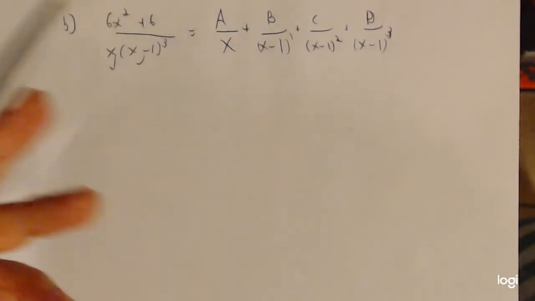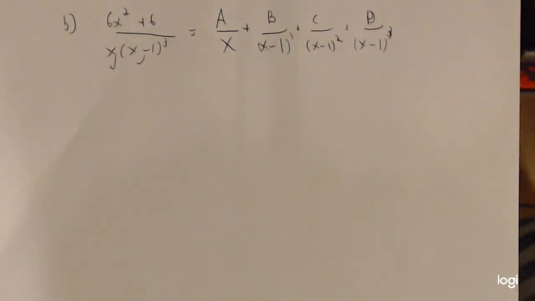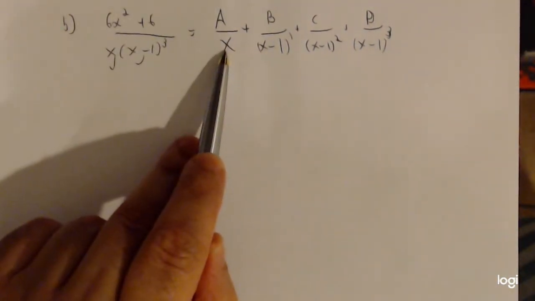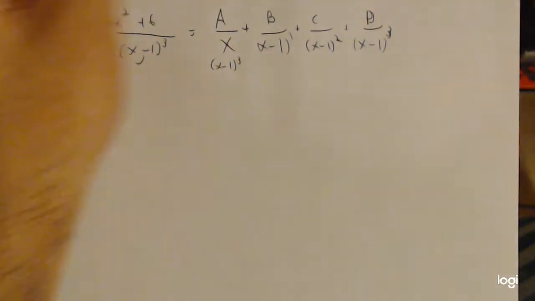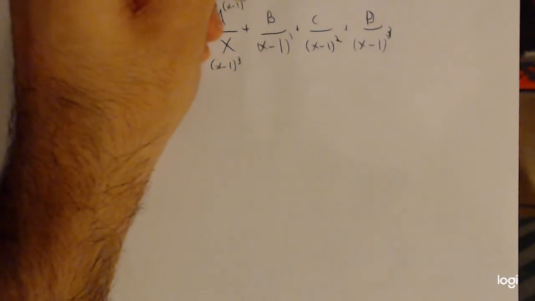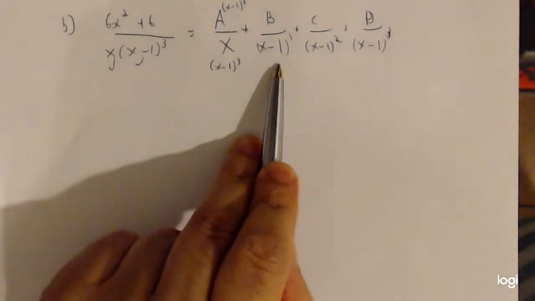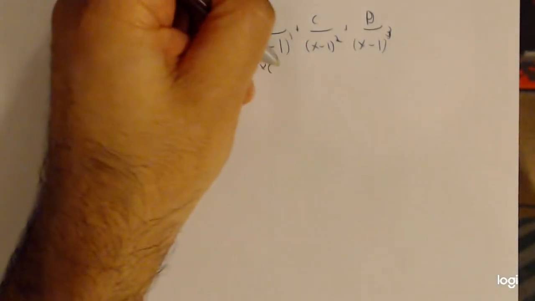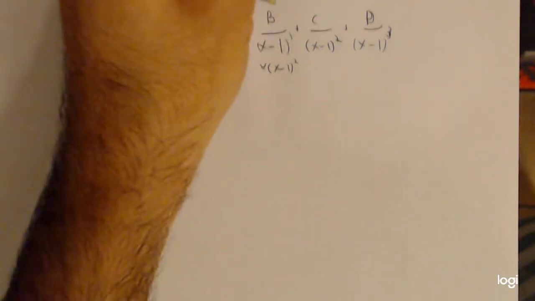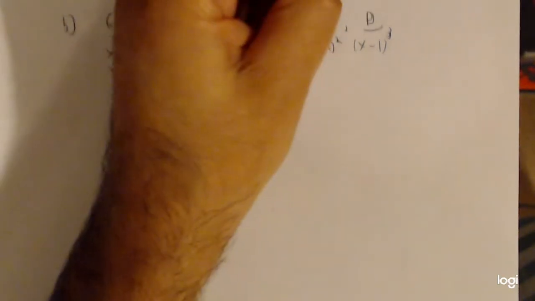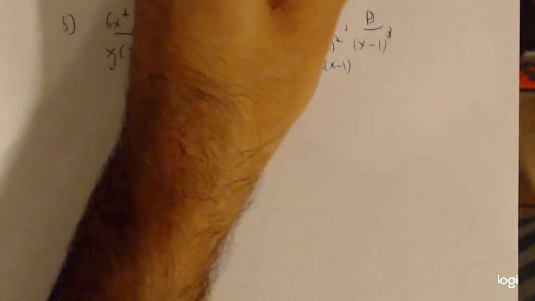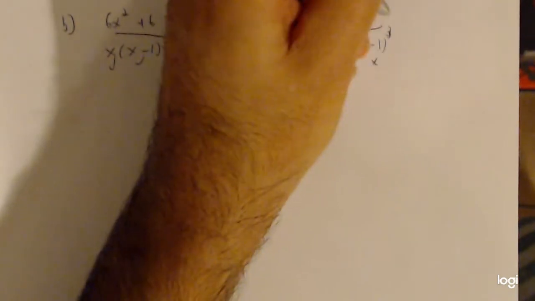So once we have this, now we want to get a common denominator and put these together. So what's this guy missing? It's just missing an x minus 1 cubed. What's this guy missing? It's missing an x times x minus 1 squared. This guy's missing an x times x minus 1, and this guy's missing just an x.